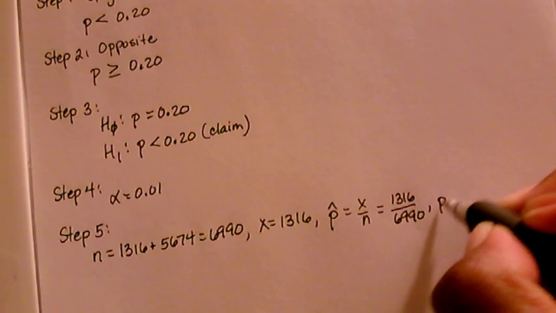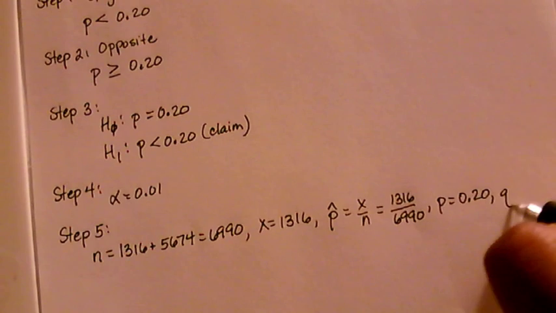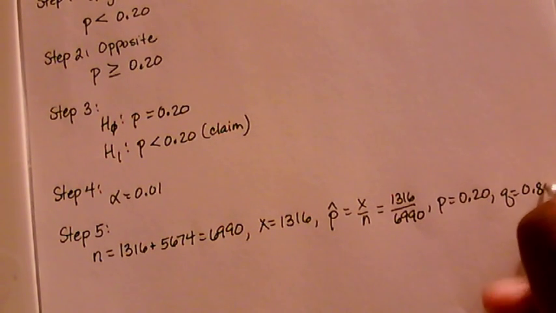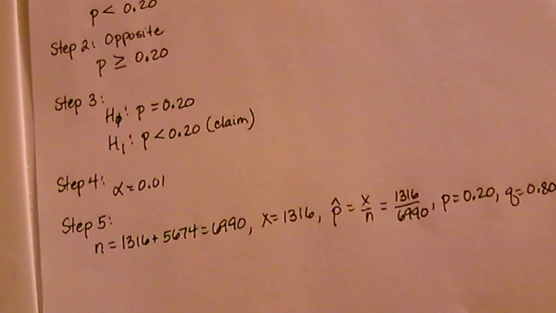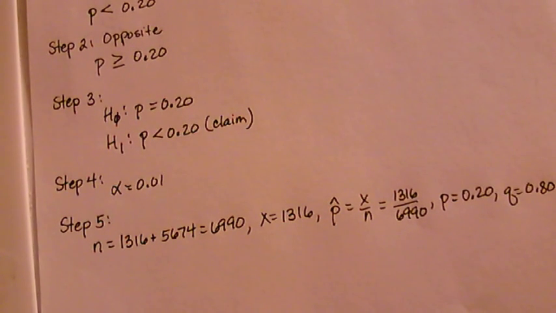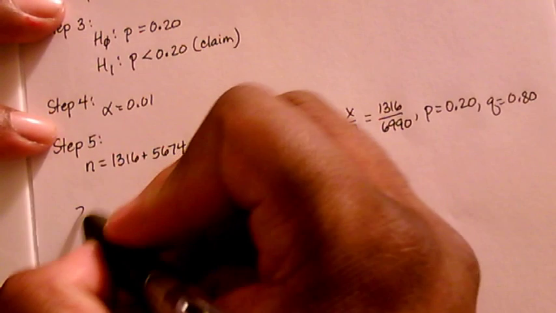And in this case, P was 0.20, so Q must be 0.80. And that's 1 minus P. Okay, so now we can use our test statistic from this given information.